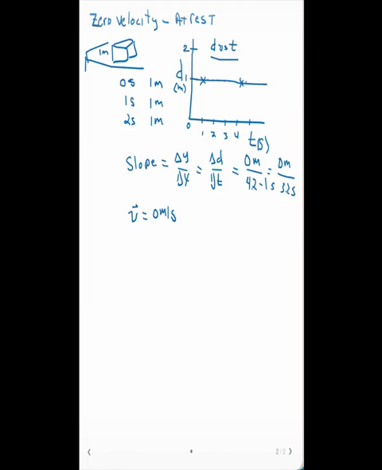If we have another situation, suppose the object is moving, and at time equal to 0 seconds, the object has an x value, or a distance from the edge, equal to 1 meter.